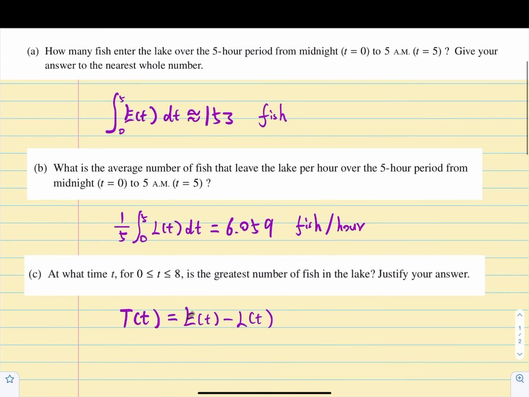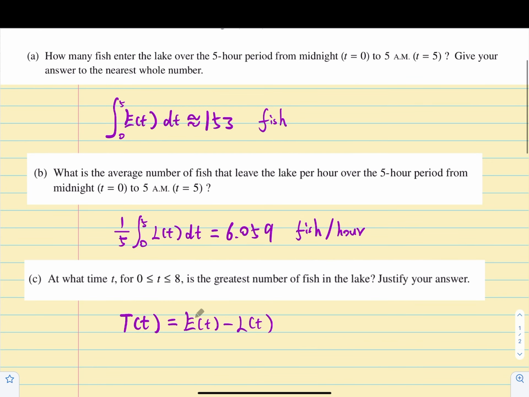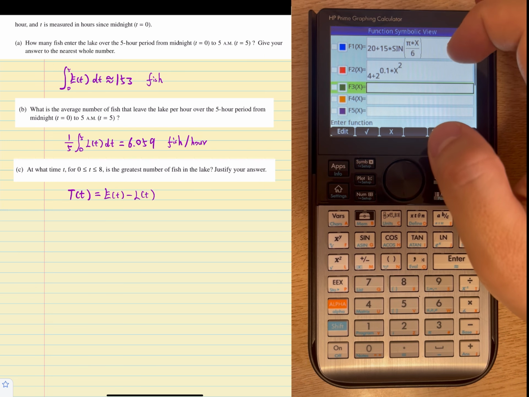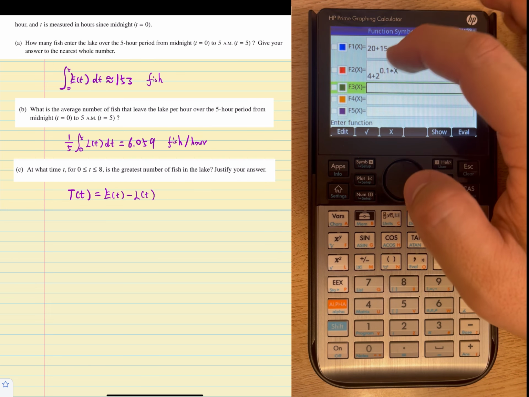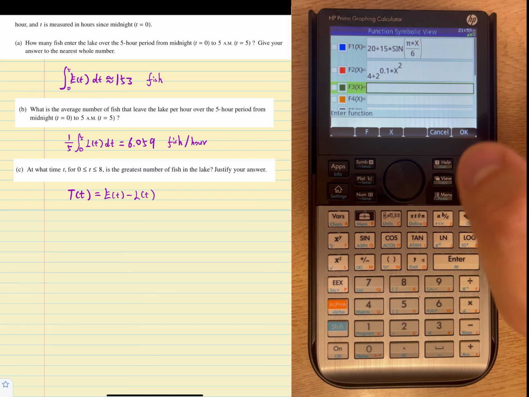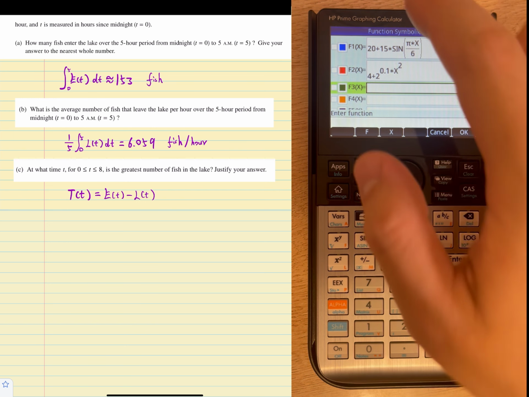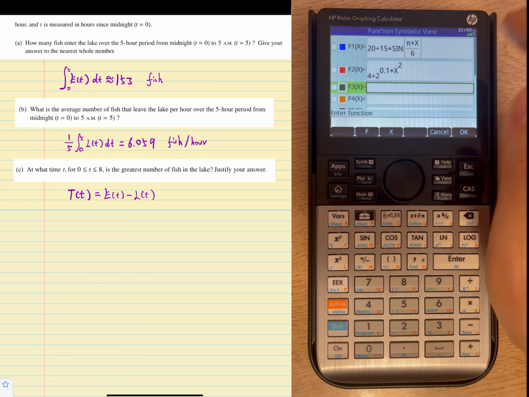When we find the critical point in 0 to 8, that's a place where we can find the relative minimum or relative maximum. Let's put it into our graph calculator. Okay, let's go back to our function. Because we already have f1 and f2, f3 we will definitely make as T(t), because it's E(t) minus L(t).